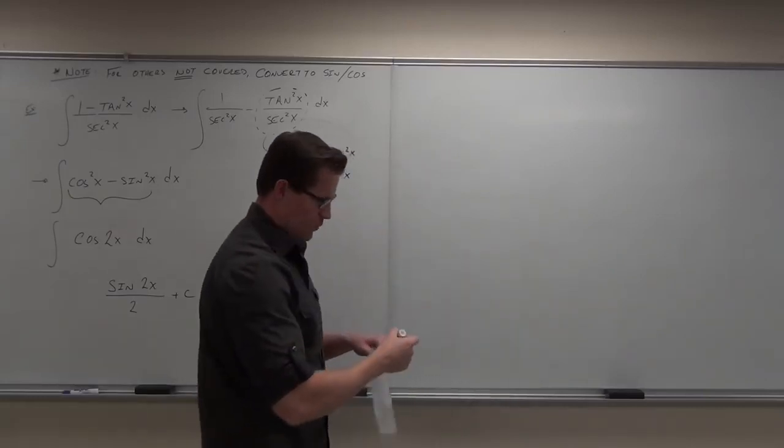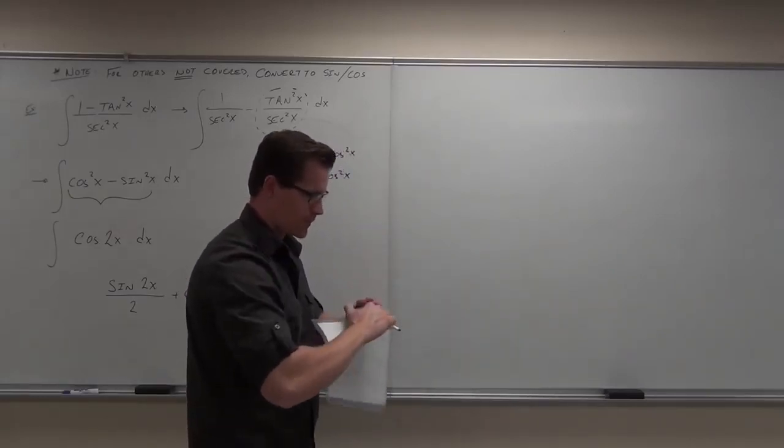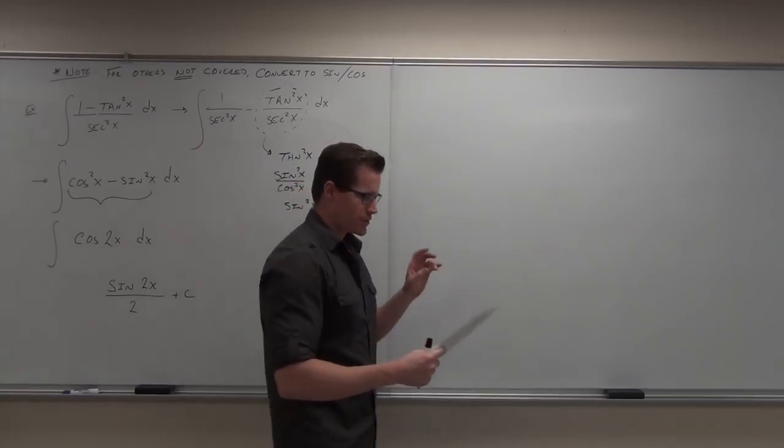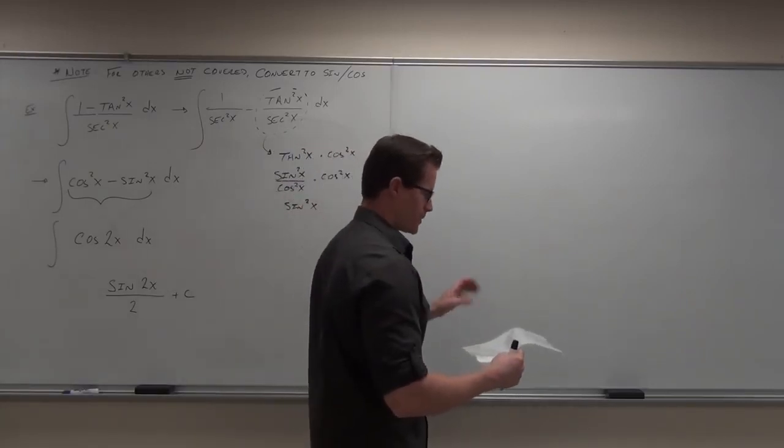So what happens where the angles of sine and cosine are different?